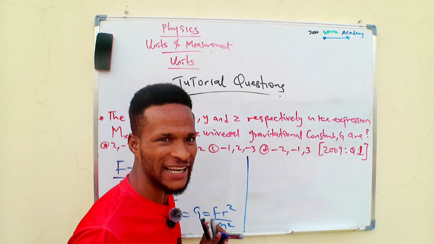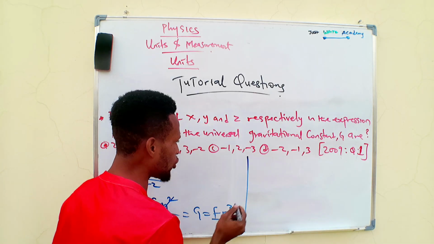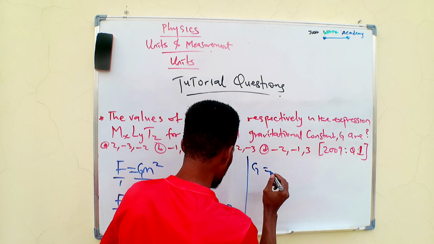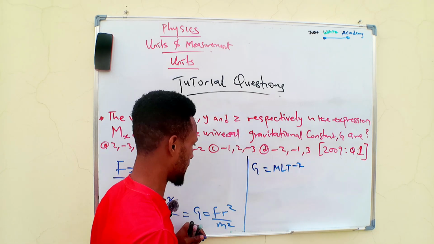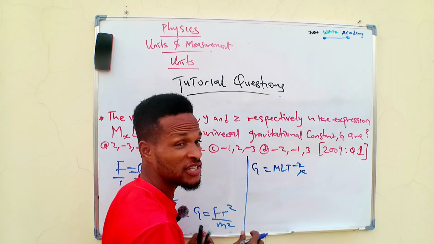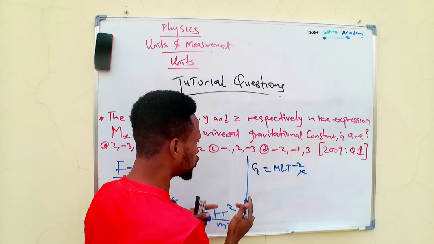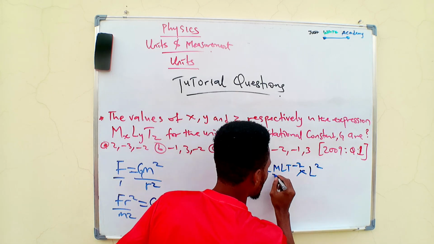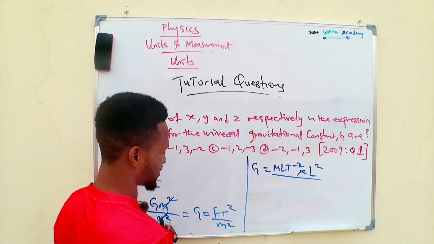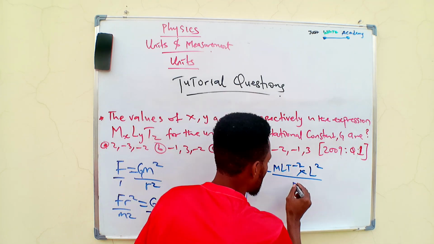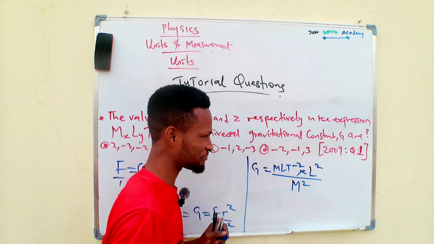Now we can analyze the dimension. Force is MLT minus 2, multiplied by radius, which is similar to length, so radius squared is L squared, all over mass, that's M squared.